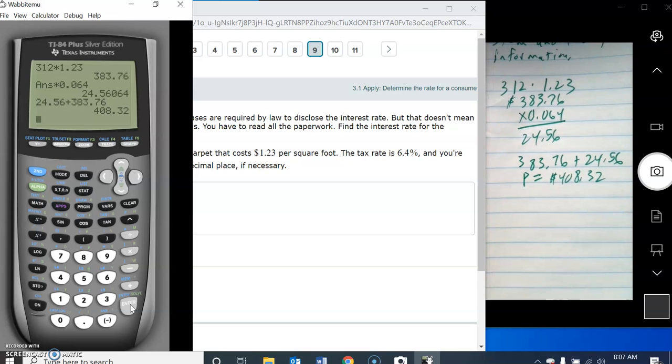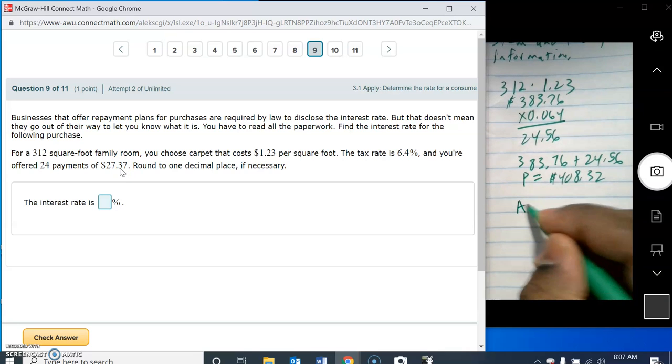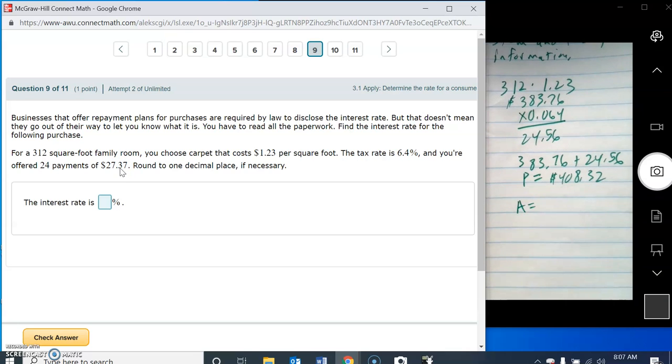Now, we're going to take the second values here, which said it's 24 payments of $27.37. Now, this will let us know how much our future value is, because this is how much we would end up paying back. So we would take 24 times $27.37.